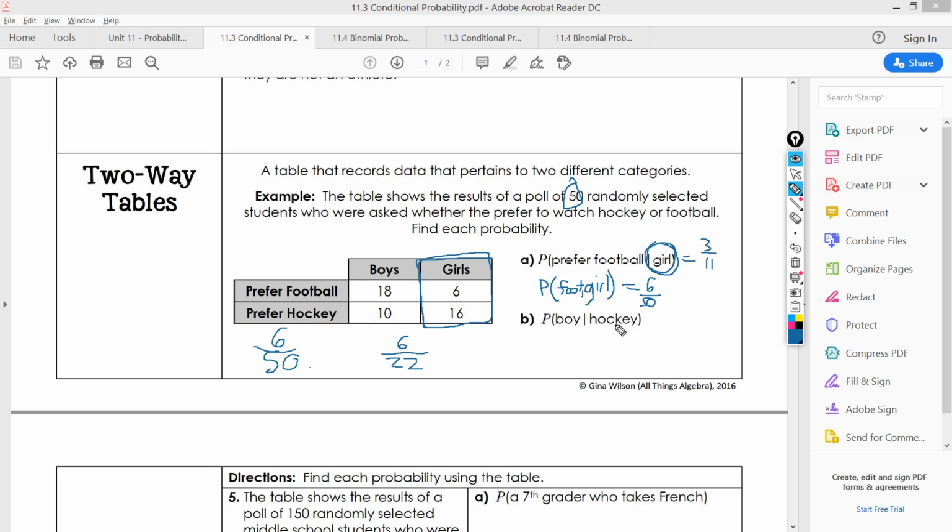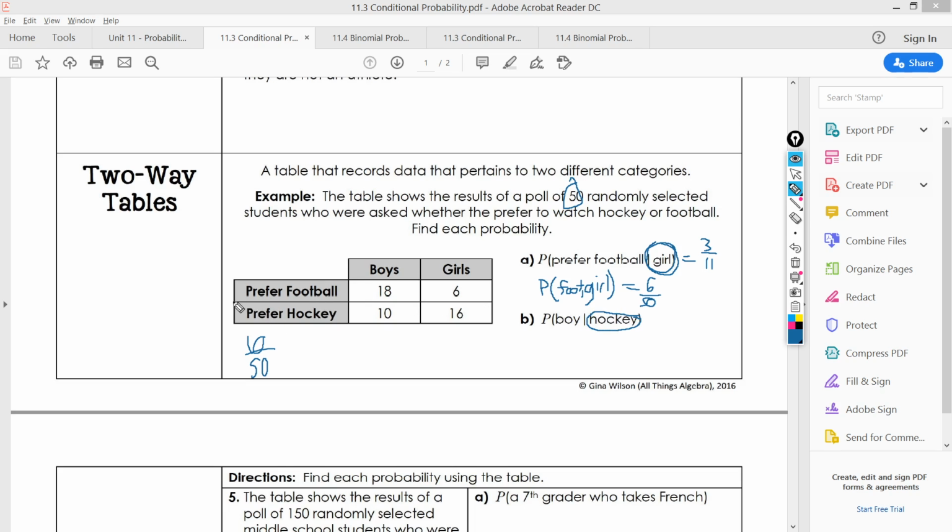What's the probability of the boy, given that it's hockey? So what if it was boy and hockey? What's the probability of getting a boy who likes hockey? Well, that's 10 out of 50, right? That's easy. Well, if it's given, it's not given that we have a boy. It's given that it's someone who likes hockey.